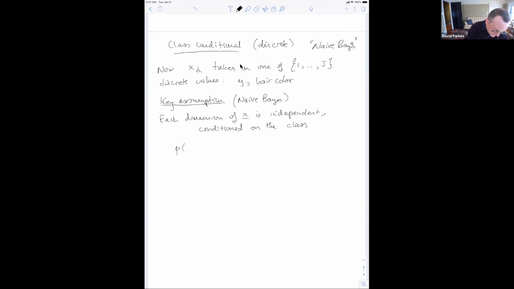It says that p(x|y=1) is the product over the features d of p(x_d|y=1). This is conditional independence. Think about this generatively: I sample hair color independently of eye color, independently of height, independently of leg size. They're all sampled independently, conditioned on class, in this case y equal 1.